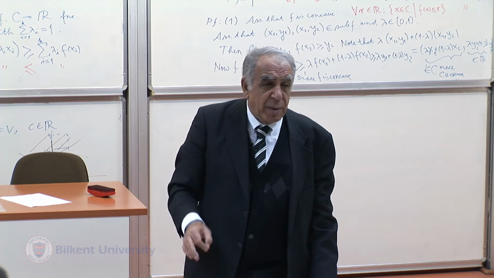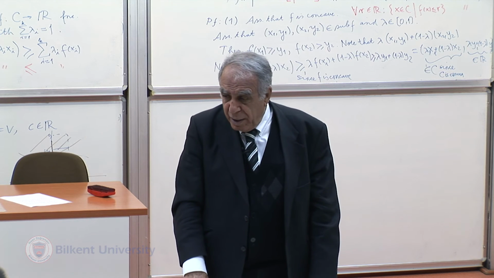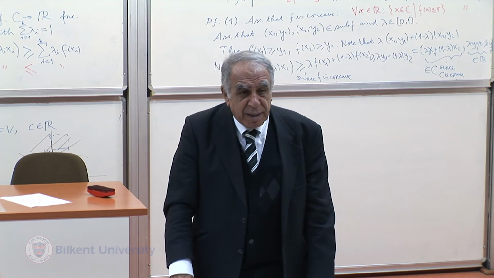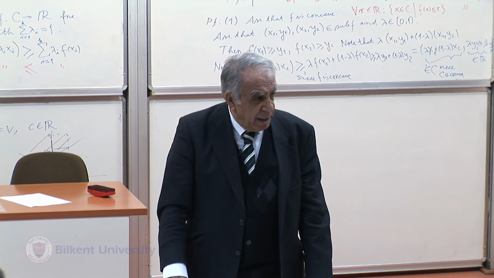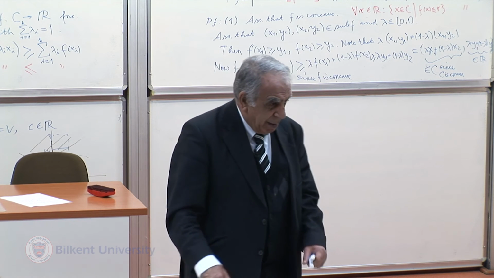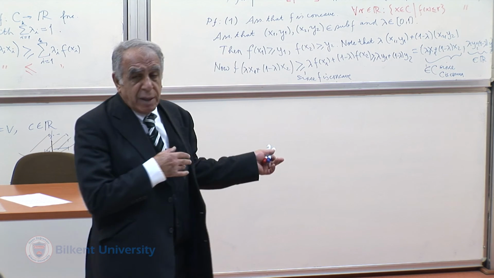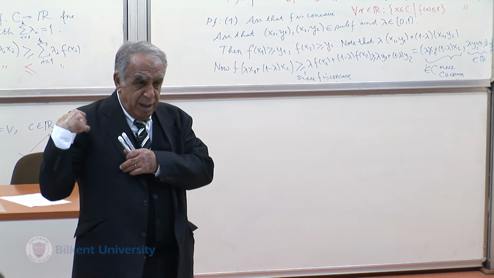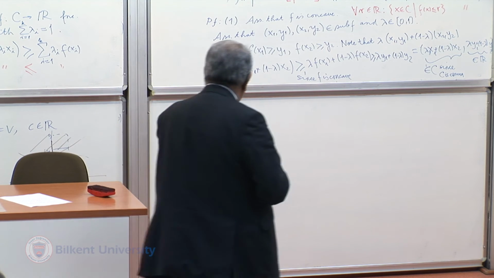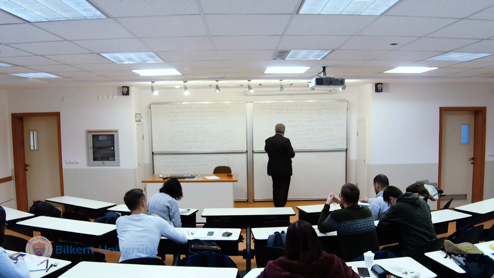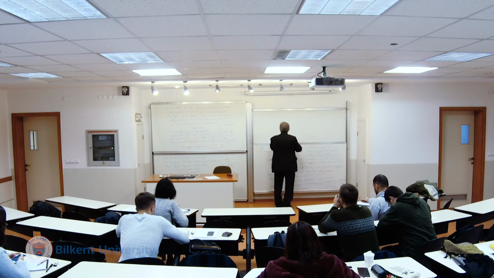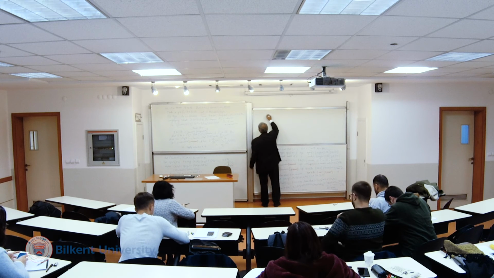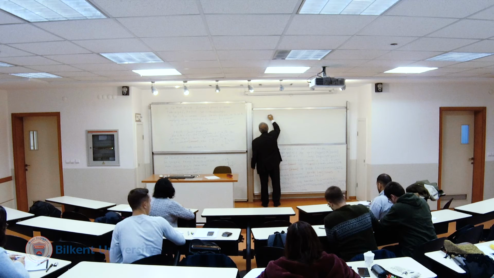So it is strict quasi-concavity which guarantees the uniqueness of a maximizer in case the function attains its maximum. And strictly quasi-convex for the minimum, of course, for the corresponding case. So, proposition.